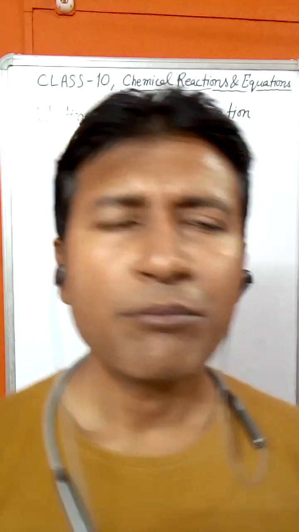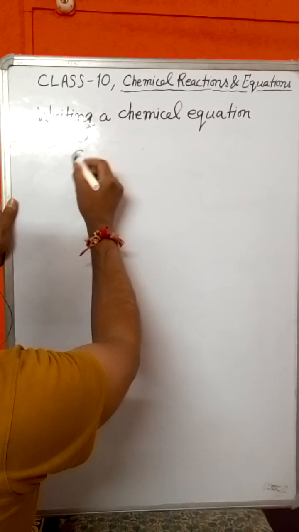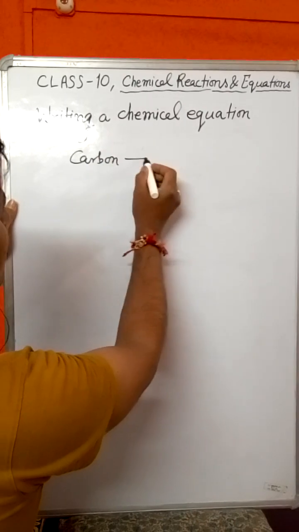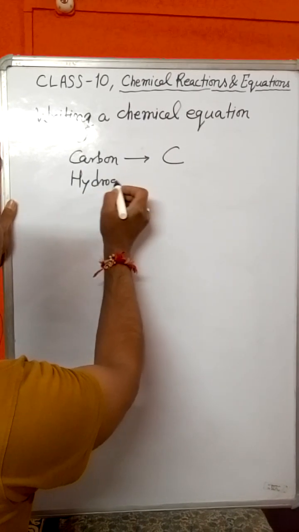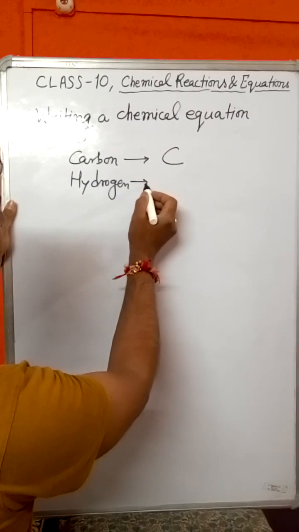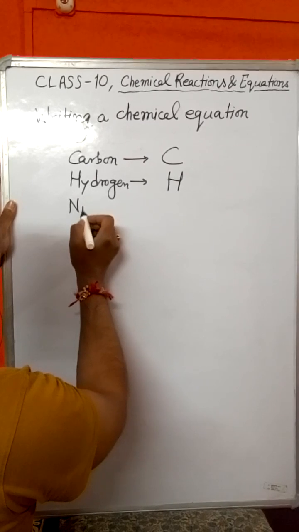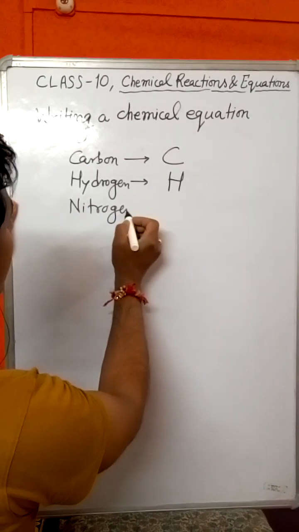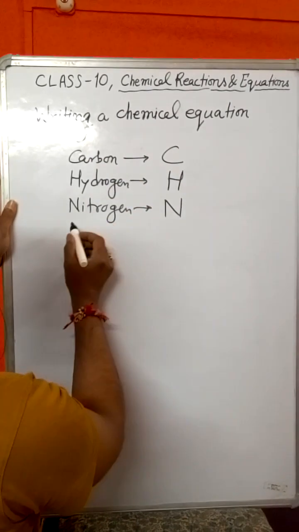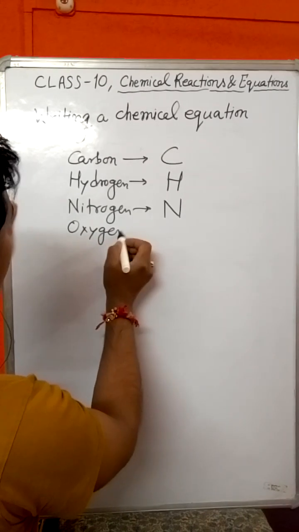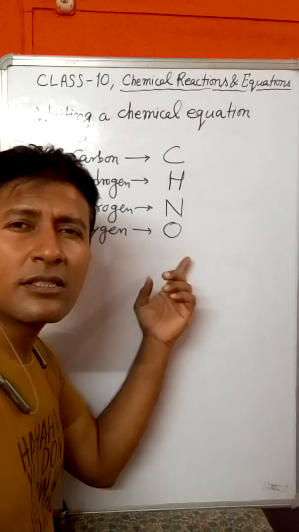For example, if carbon is there, it is denoted by C. And if we have to denote the hydrogen element, we will denote it by H. And similarly, nitrogen is denoted by N, and similarly oxygen. So the oxygen element or the atom of oxygen is denoted as O.